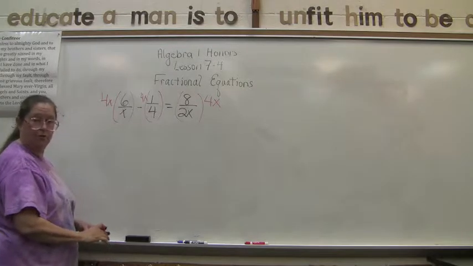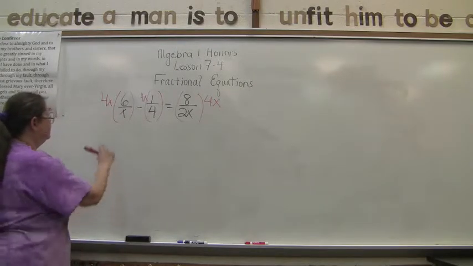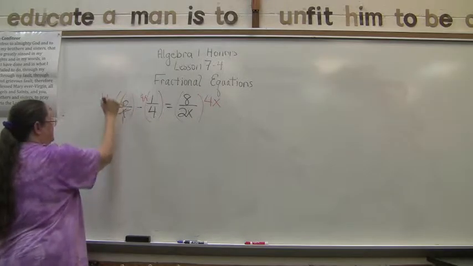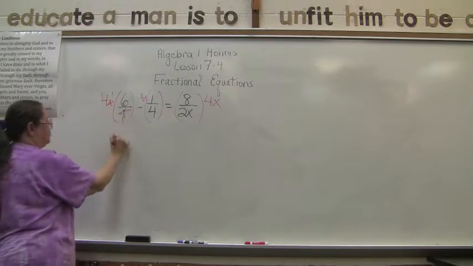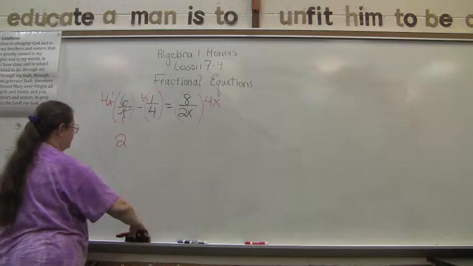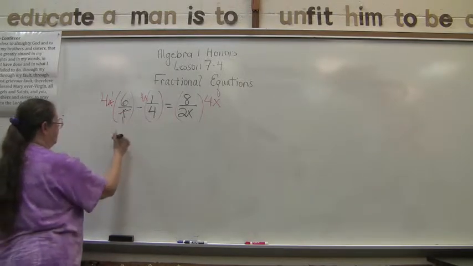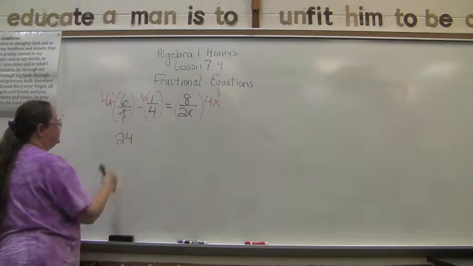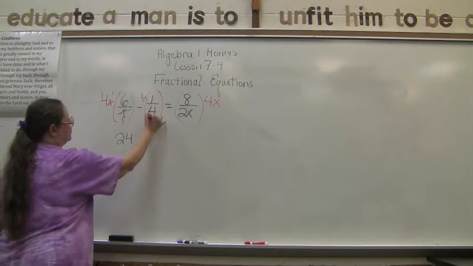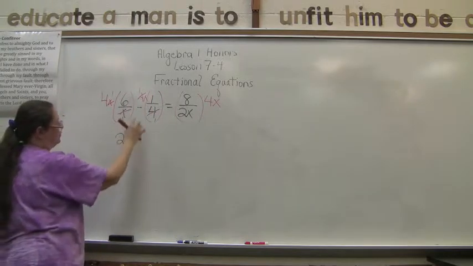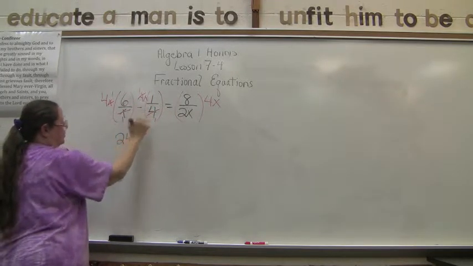And I'm going to do some canceling as I do that. So x goes into x once, and I'm left with just 4. 4 times 6 gives us 24. Then here we're going to cancel 4 into 4 once, into 4 once, and I'm left with just x, and it's minus x.